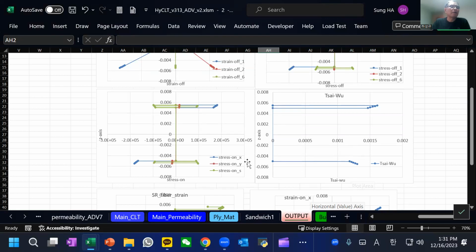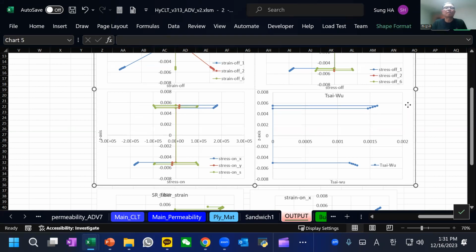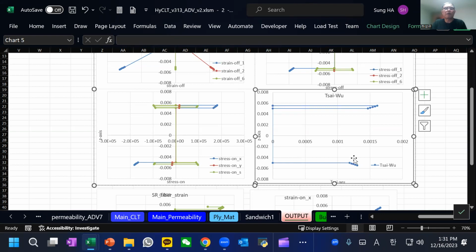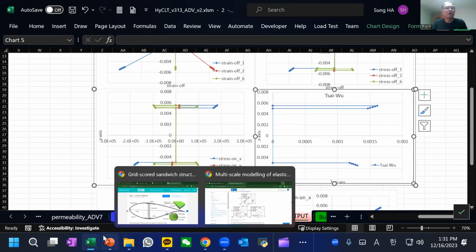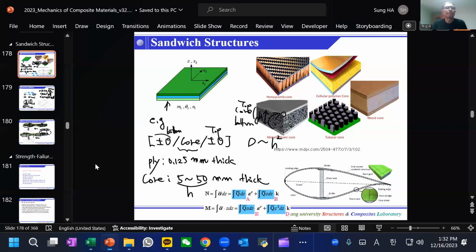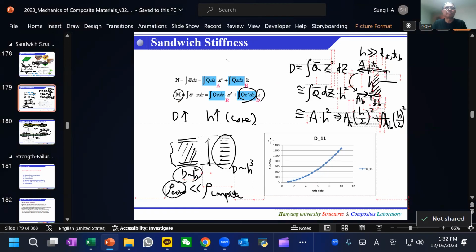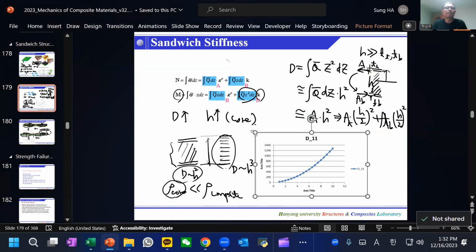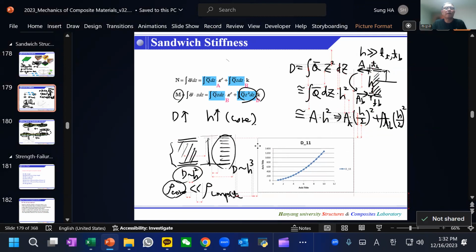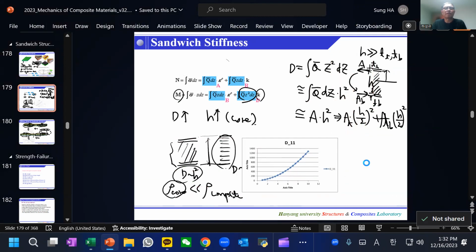Another point we would like to understand is that the top and bottom skin are exactly the same, symmetric, etc. But the Xi-U failure criterion can be different. Why is that? Why can the failure criterion of the top and bottom skin be different? The reason is that the top and bottom will be subject to different loads.